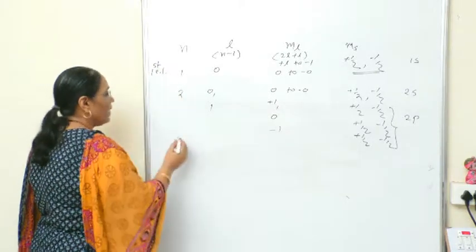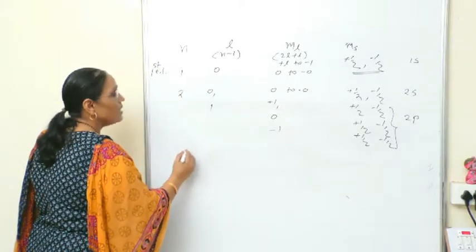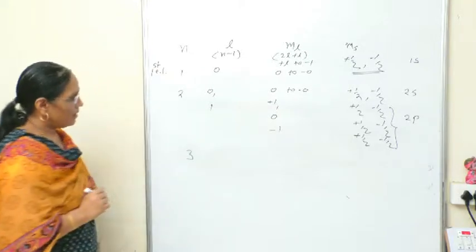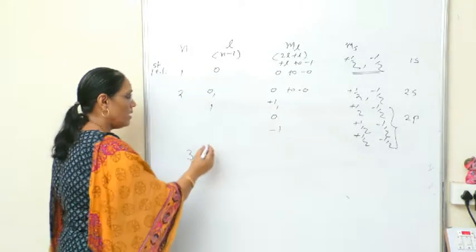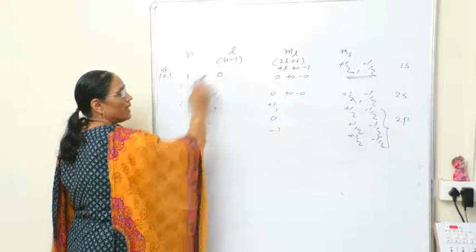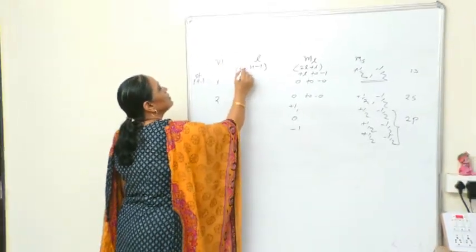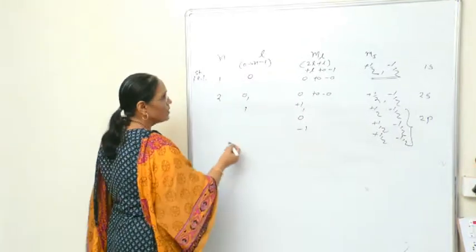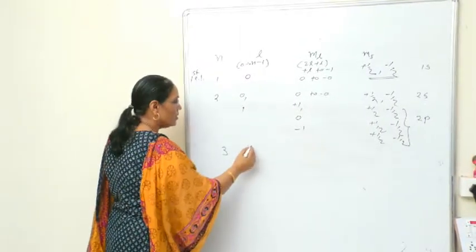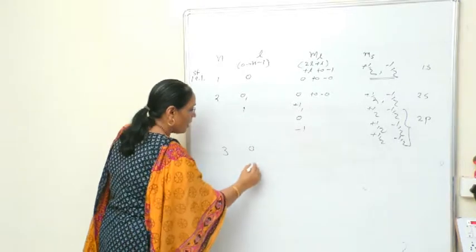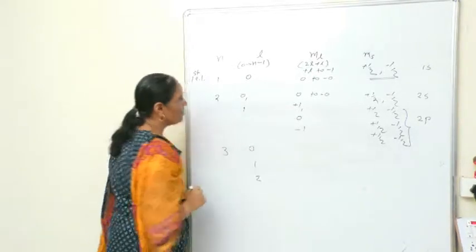When n is equal to 3, then the possible l values are 0 to n-1, so l values are 0, 1 and 2.